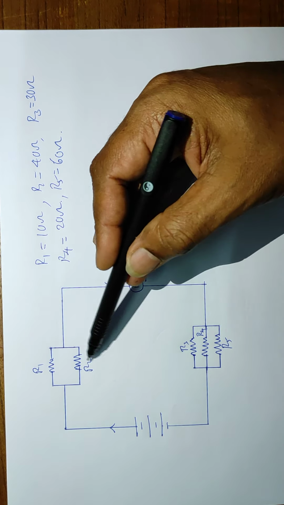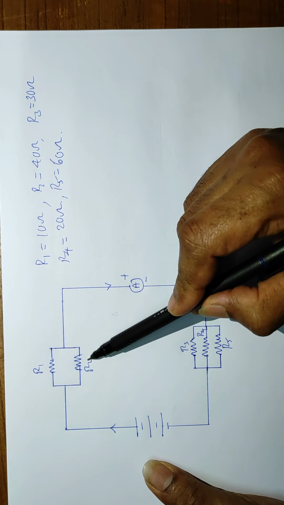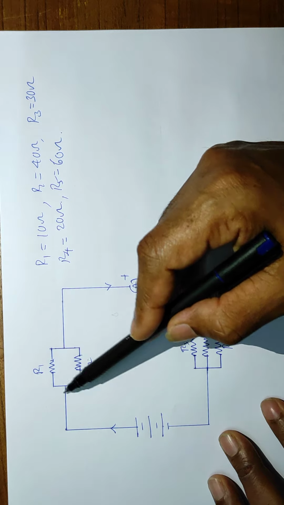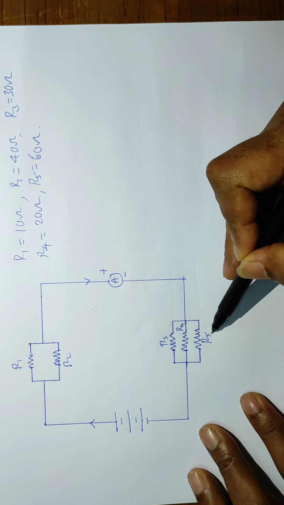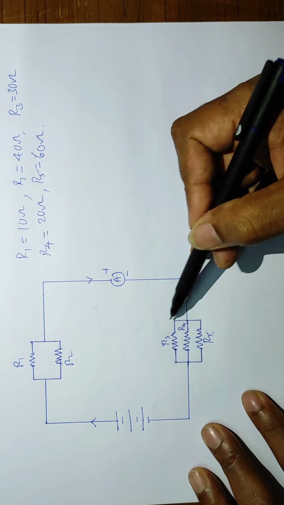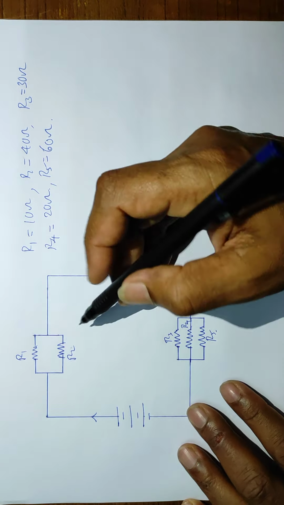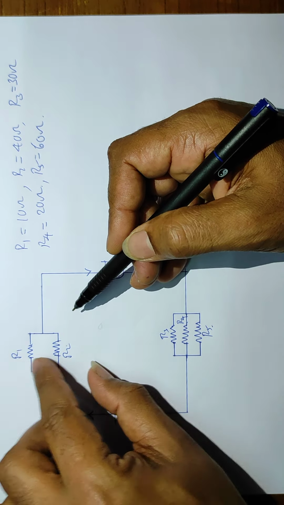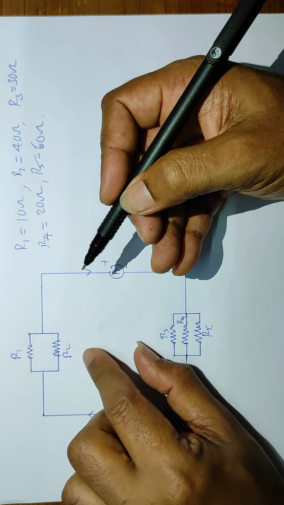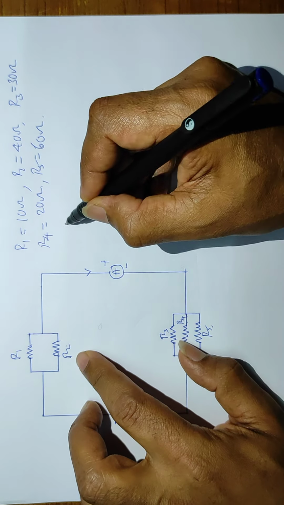Here we have used a total of 5 resistors. R1 and R2 are connected in parallel. R3, R4 and R5 are also connected in parallel. First, let me calculate the equivalent resistance of these two resistors R1 and R2, which are connected in parallel.